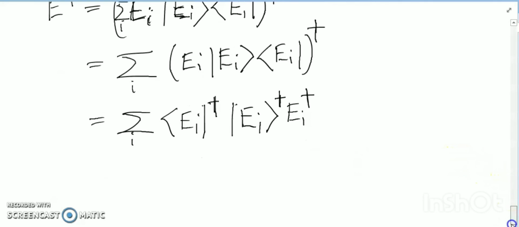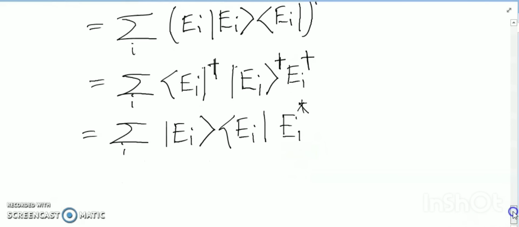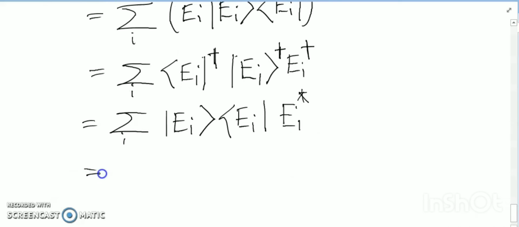So we can write this way: the ket becomes a bra, and the complex conjugate of the eigenvalue.